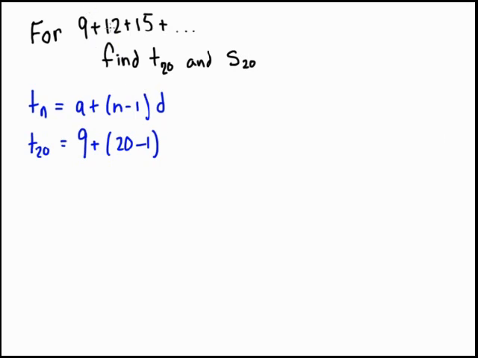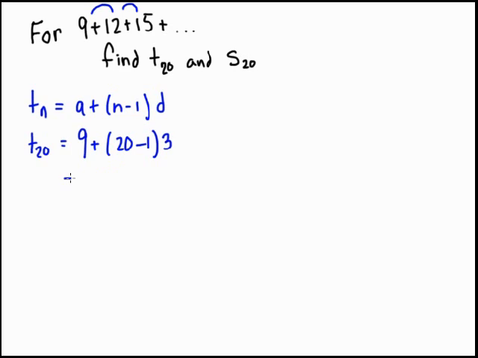So I can take the second term and subtract the first term. Common difference is 3. And you can see that here. That's 3. That's 3. The next term would be 3 more, which would be 18. So d is 3.